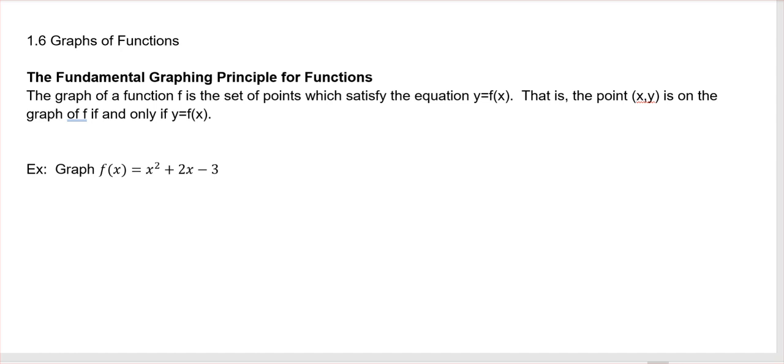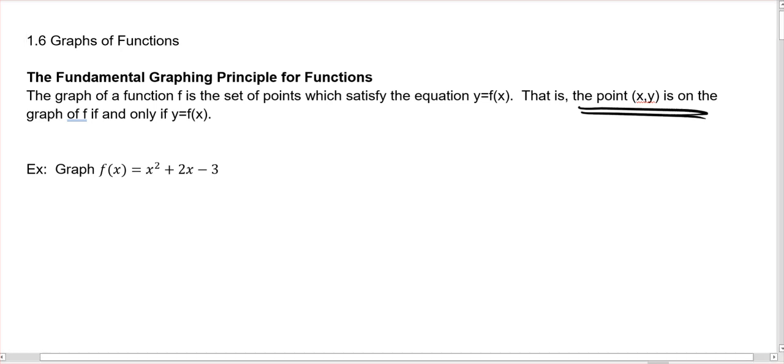The fundamental graphing principle for functions here. All this is saying is that a point is on the graph only when that y value is the function value we get when we use x as an input.